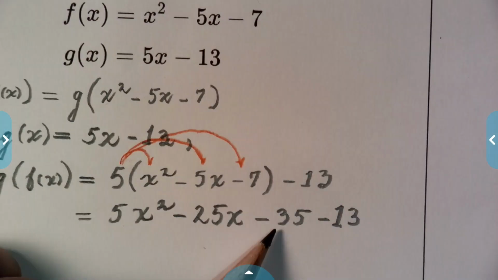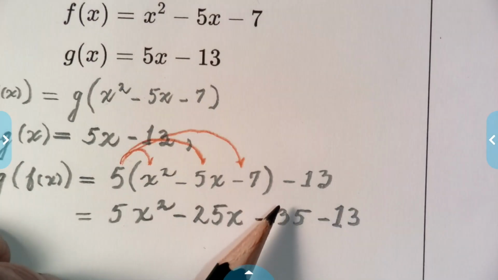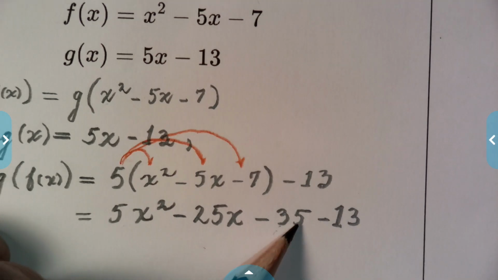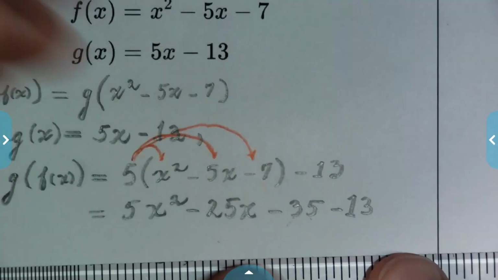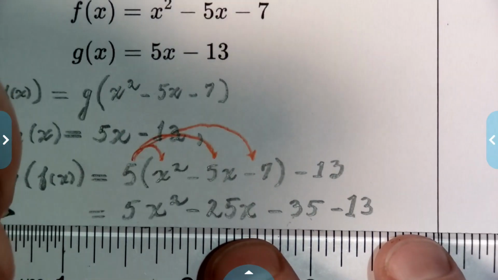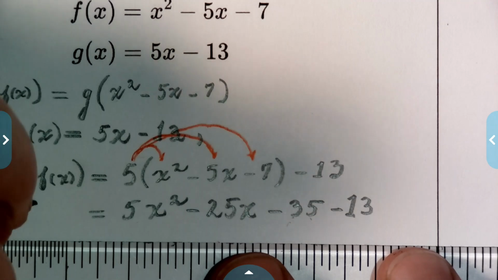So let's simplify by combining these two. Let's keep our notation going here. G of f of x.